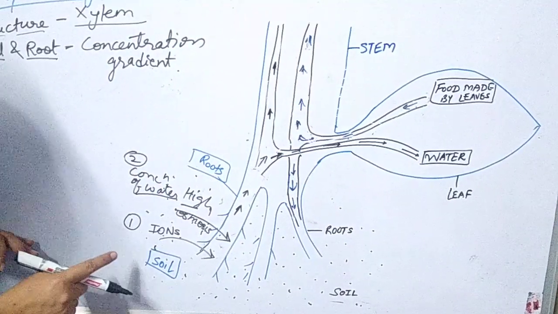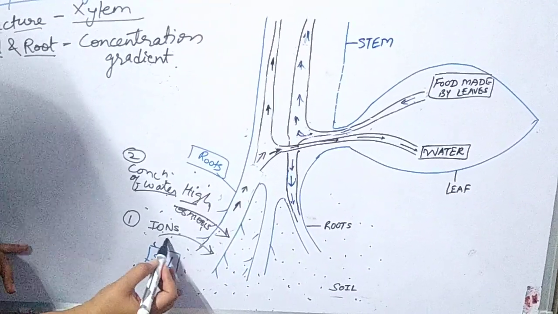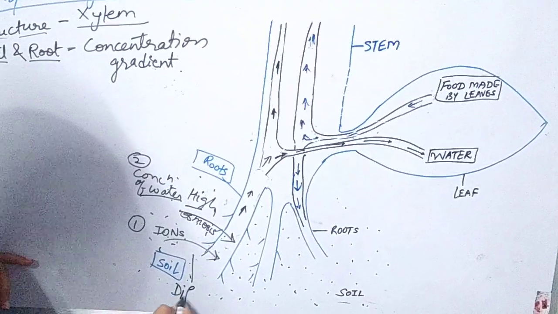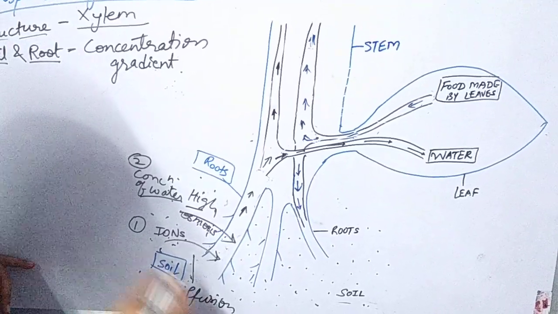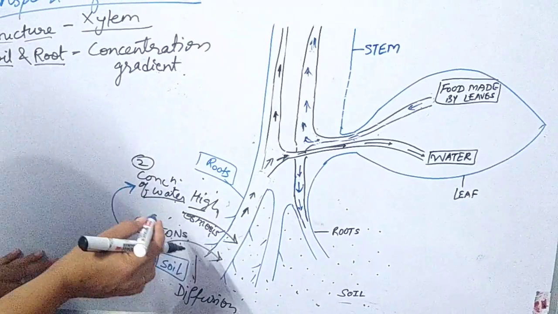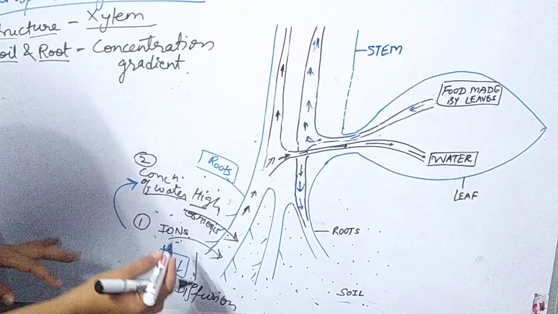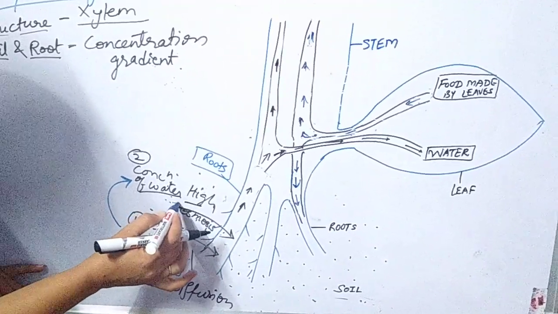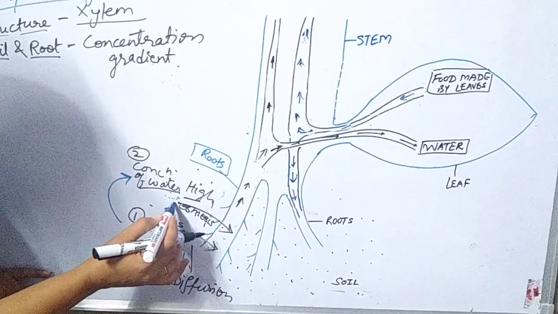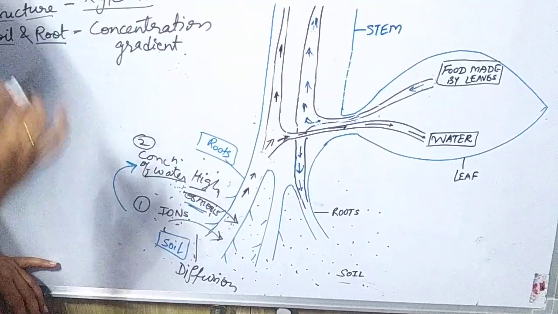Let us understand again: the ions or minerals present in the soil, when taken up by the roots by diffusion, create a high concentration of water in the soil, and then immediately after this, the water, whose concentration has become higher in the soil, is also moved inside the roots by the process of osmosis.